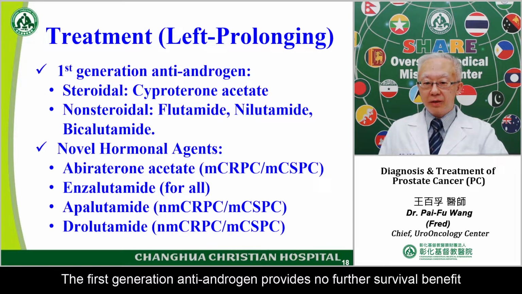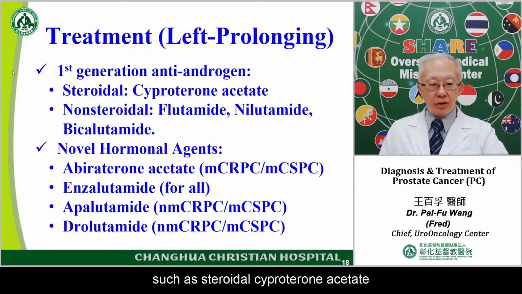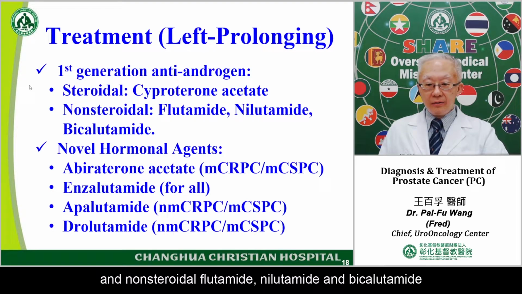The first generation anti-androgen provides no further survival benefit and is useful only in the testosterone flare-up period caused by the initial gonadotropin releasing hormone agonist boost, such as steroidal cyproterone acetate and non-steroidal flutamide, nilutamide, and bicalutamide.